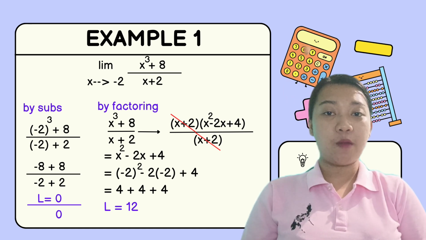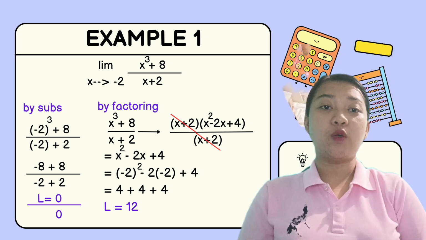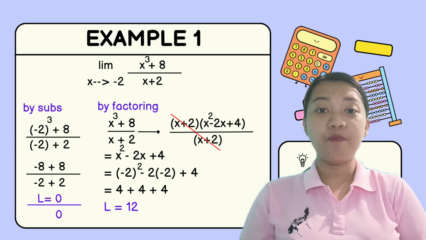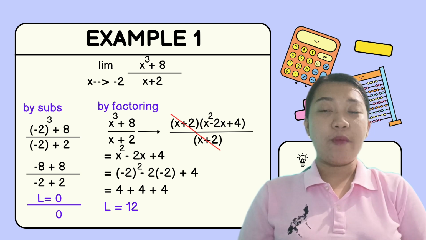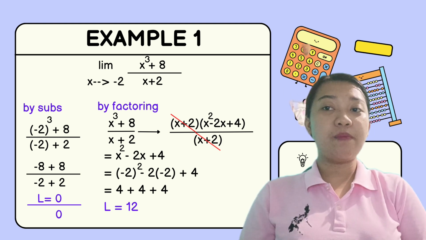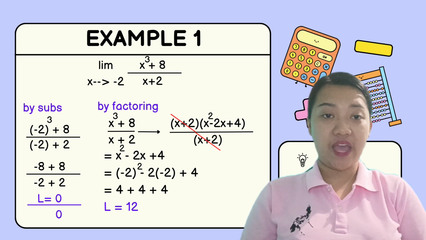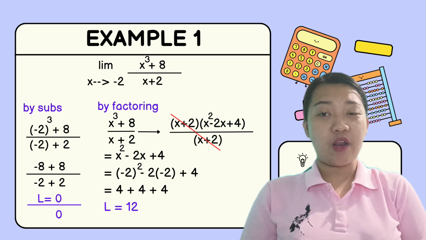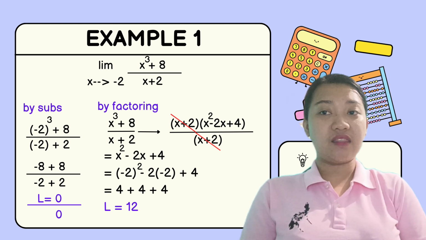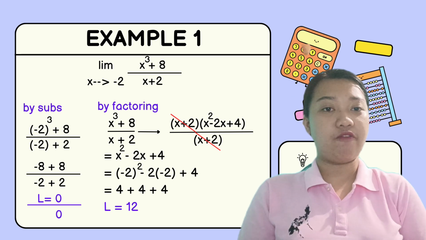After natin siya ma-substitute, i-multiply natin yung may exponent. So sa numerator natin, meron tayong negative 2 cube. So i-multiply natin yung negative 2. So negative 2 cube is equal to negative 8. So sa numerator natin, meron tayong negative 8 plus 8. Sa denominator naman natin, yung x plus 2, yung x doon magiging negative 2.